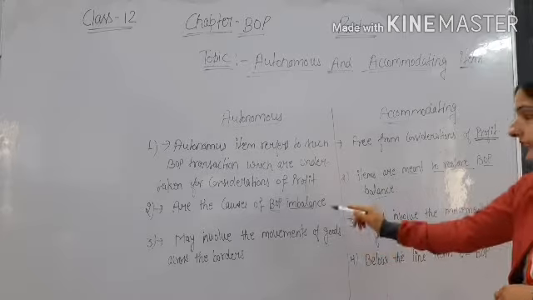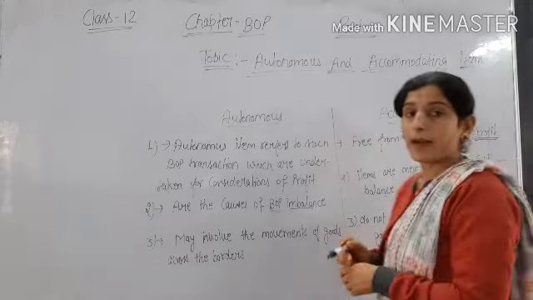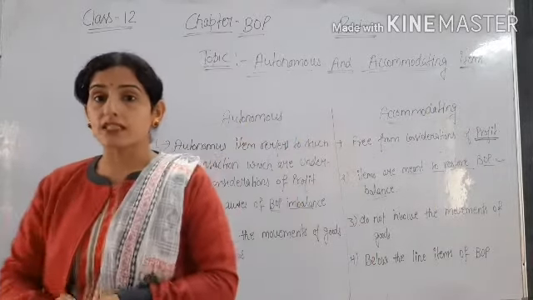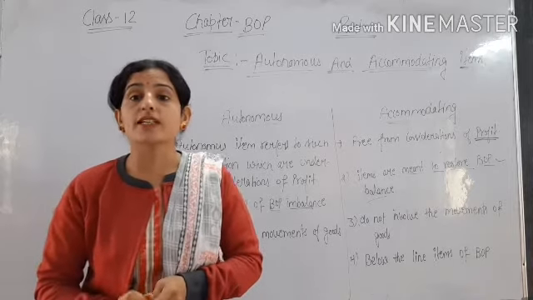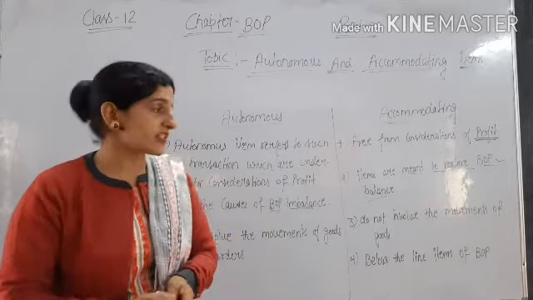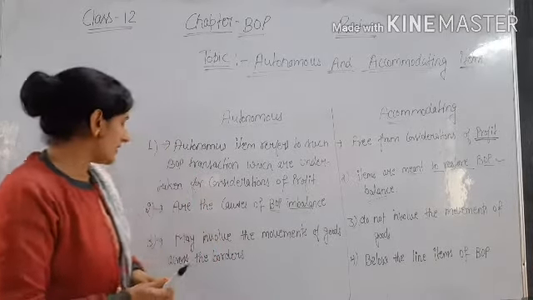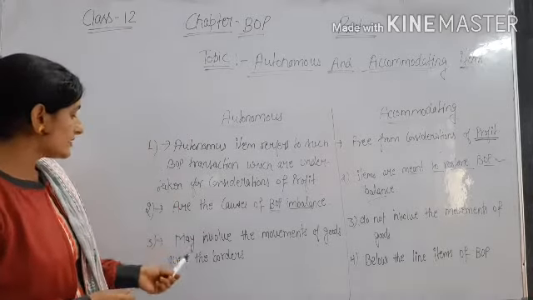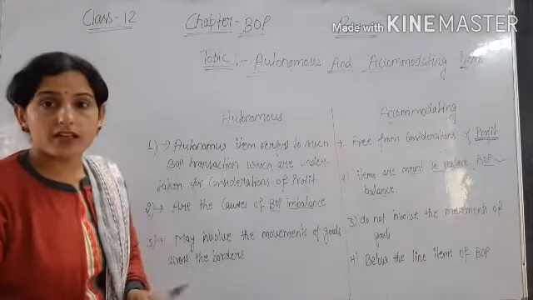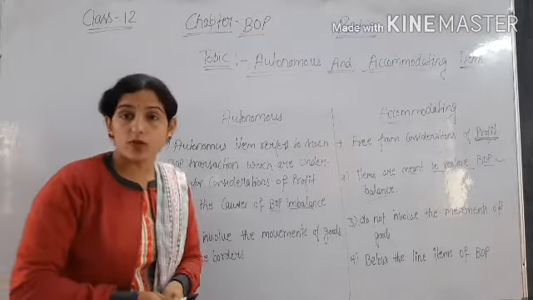These are not the causes, but the means to restore BOP balance. Restoring BOP balance means if there is BOP deficit or BOP surplus, then it is taken into consideration to correct the imbalance. Then autonomous items may involve the movement of goods across the border.